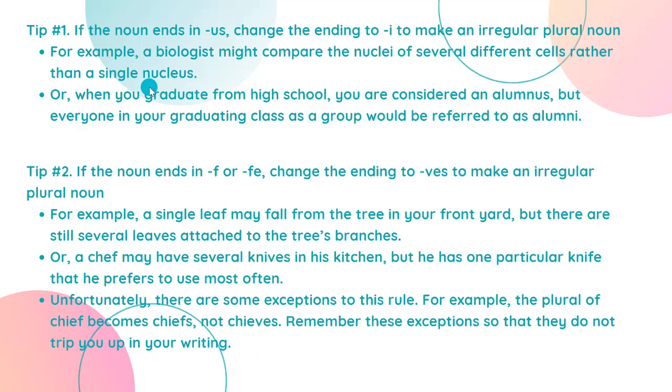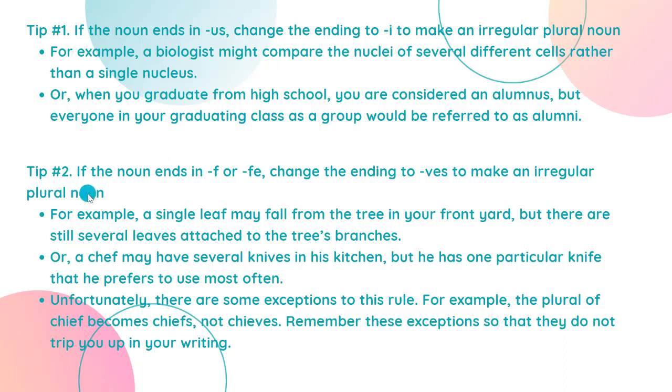So nucleus is one and nuclei is the plural form of nucleus. The other example: when you graduate from high school, you're considered an alumnus, but everyone in your graduating class as a group would be referred to as alumni. So alumni is plural and alumnus is singular.